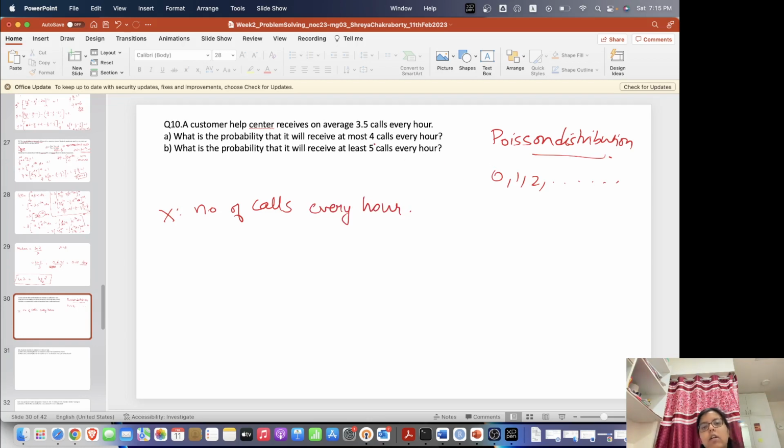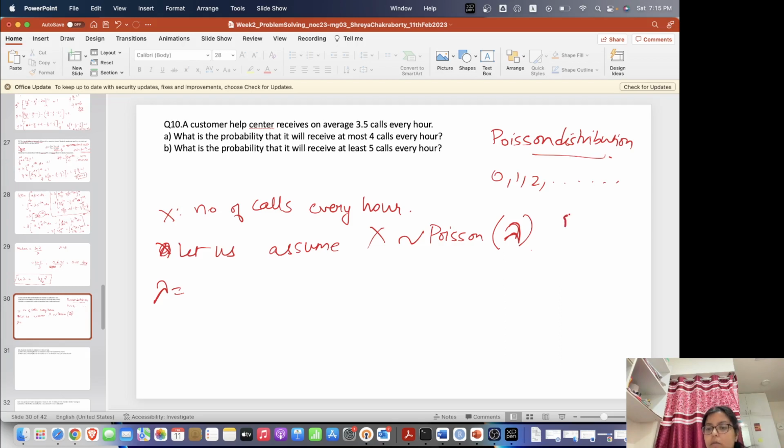So here we have the information. Let us assume x follows Poisson distribution with mean lambda, where lambda is nothing but average, the mean.